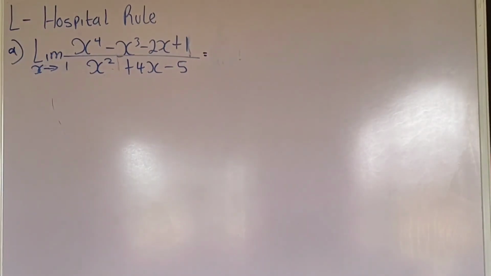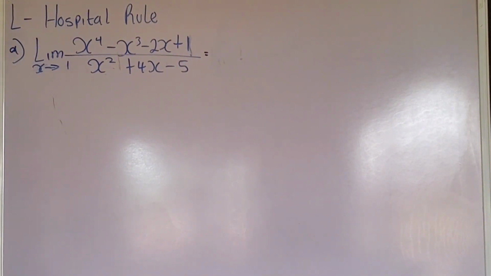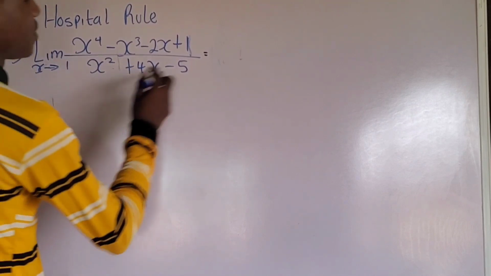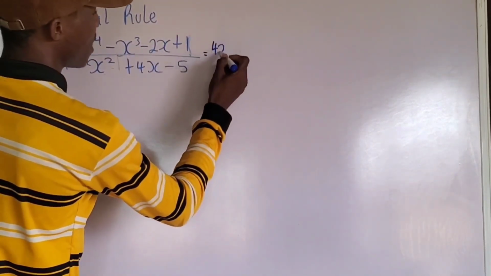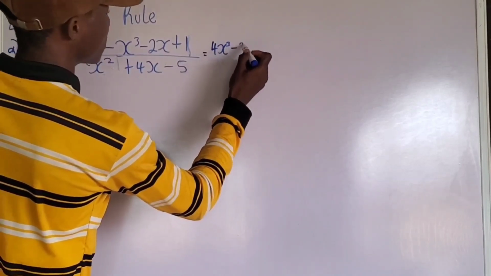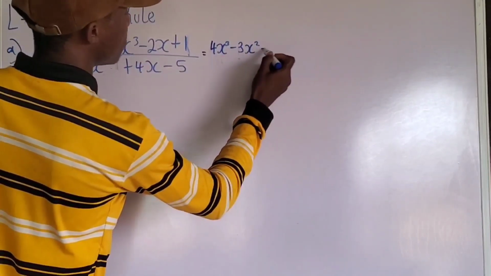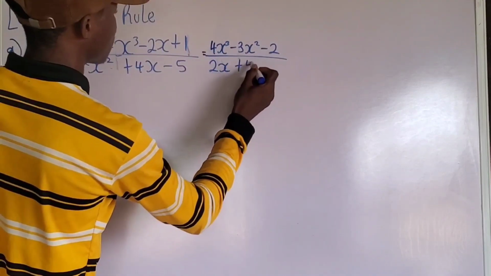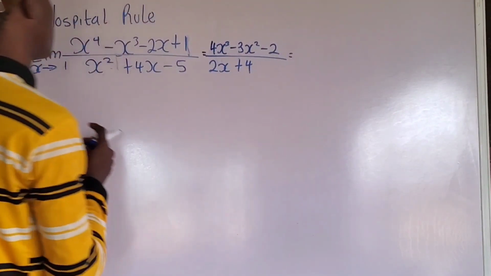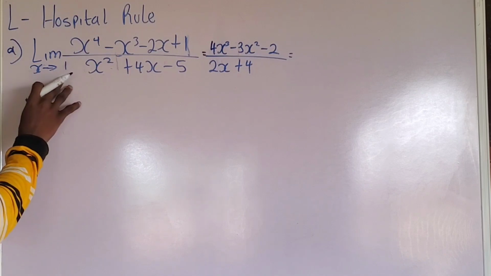You understand? So let us take the derivative of the numerator. If you take the derivative of x to the power of 4, you are going to have 4x to the power of 3 minus 3x to the power of 2 minus 2, all over 2x plus 4. You understand? Now, let us substitute the value of x as 1.